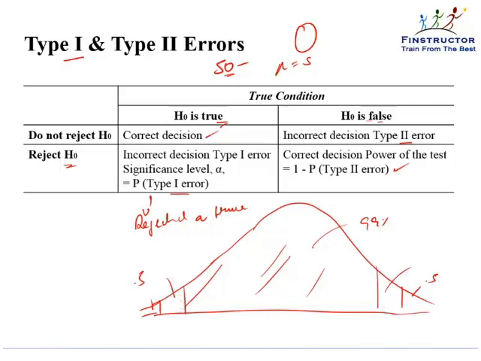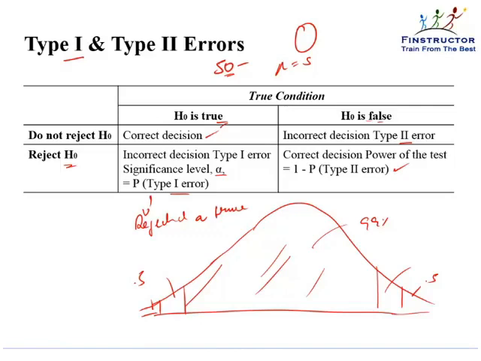The rejection region is 5%. So 5% of the times we are rejecting the null, or the probability of a type 1 error, that is rejecting a correct null hypothesis, is only 5%. So the probability of a type 1 error is equal to the level of significance.